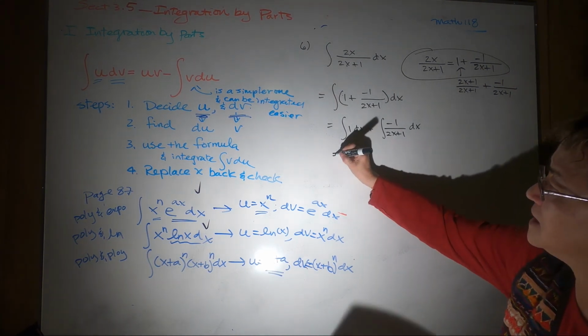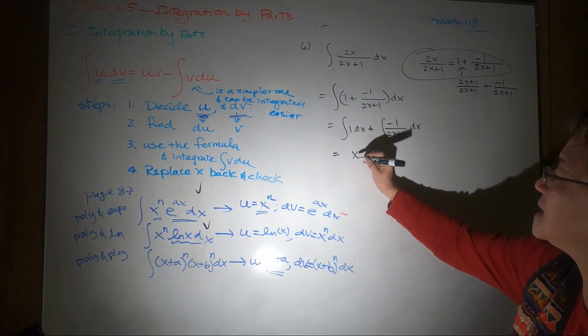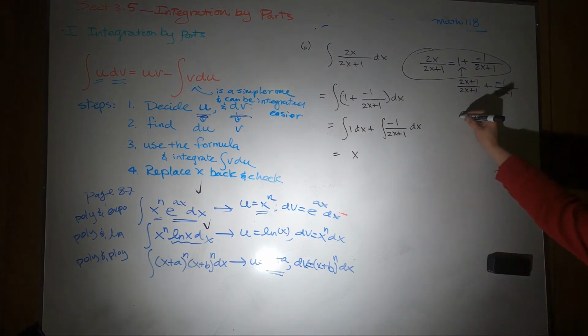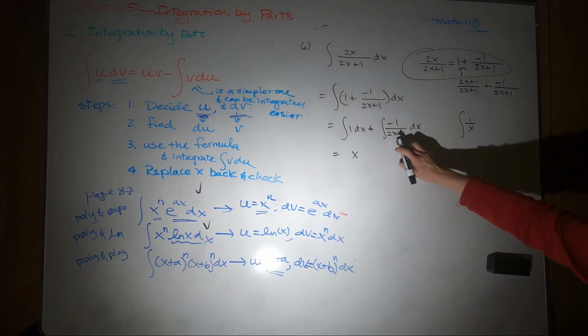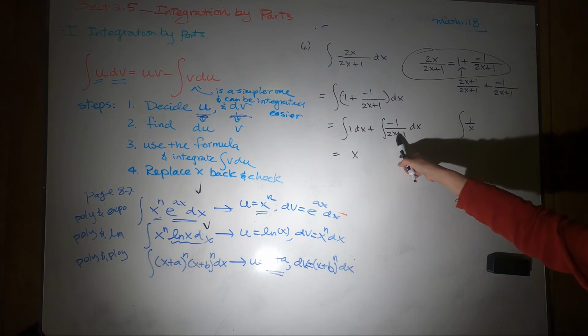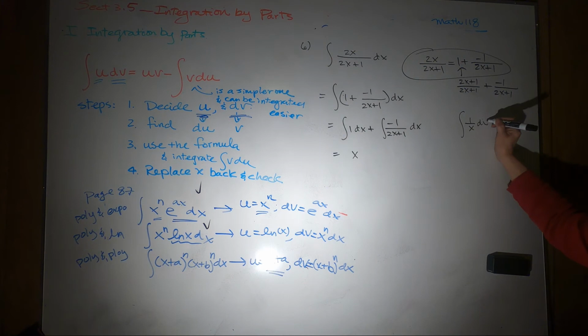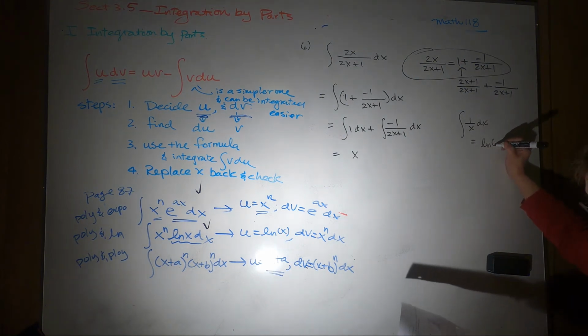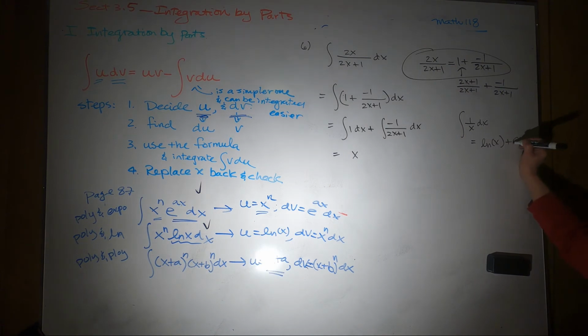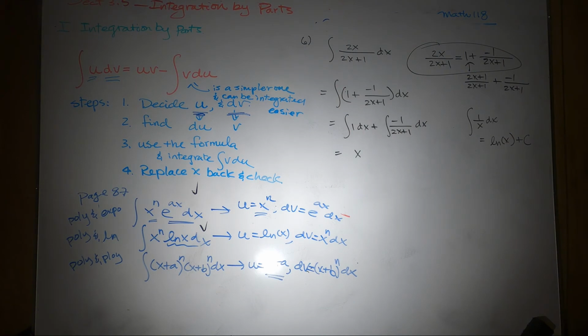Then for this one, the antiderivative will be just x. Then this one is what? 1 over, if x is on the bottom, then you have to use the natural log of x plus c, right? That's c.